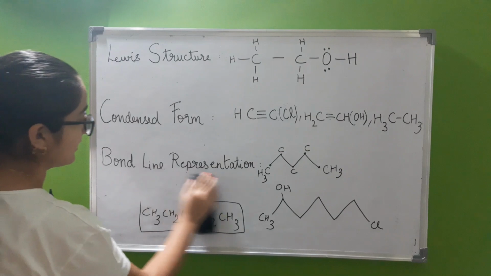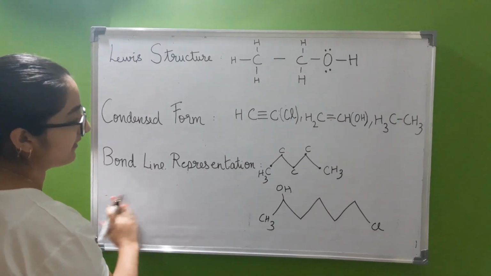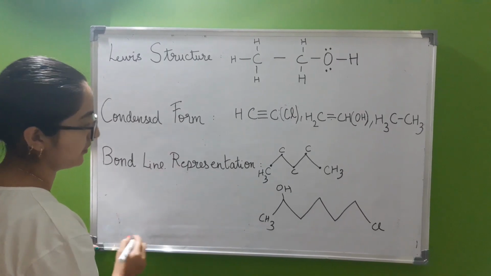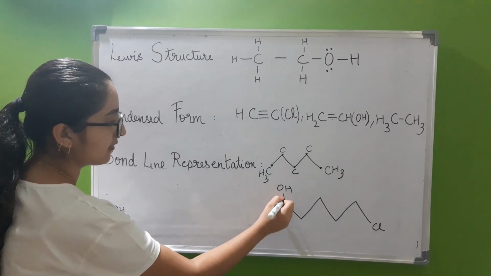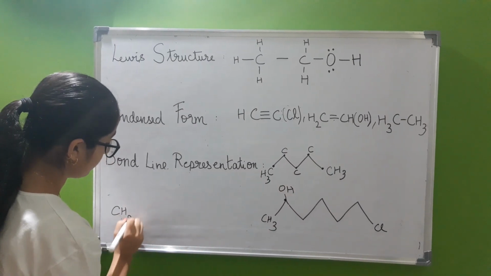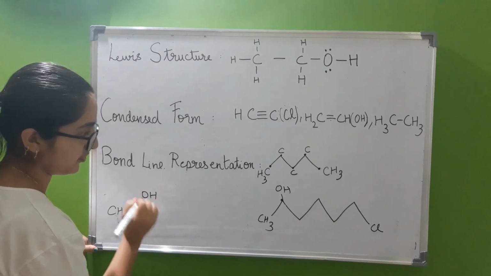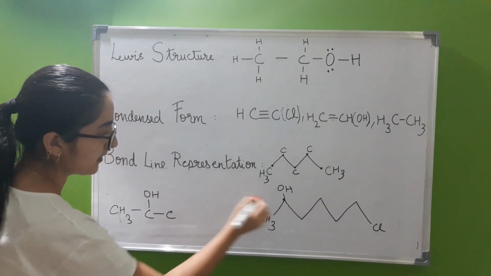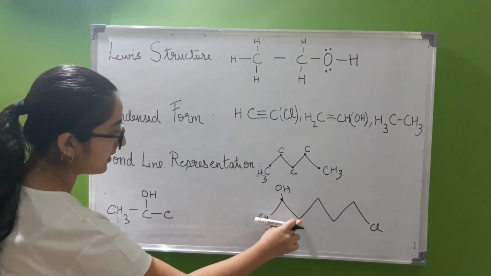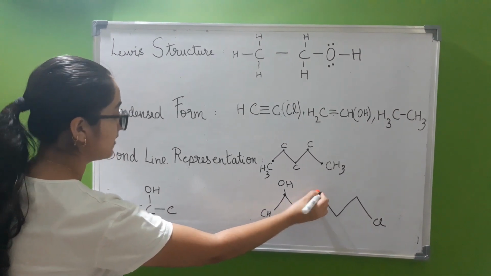So when we write its condensed form, or I'll write its Lewis structure. CH3, I'm moving along here. So here the carbon, here it's attached to OH. Now coming downwards, the bond, C. Now here I have reached here. From here to here, I'm again finding a carbon atom.